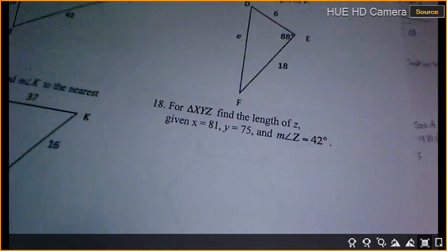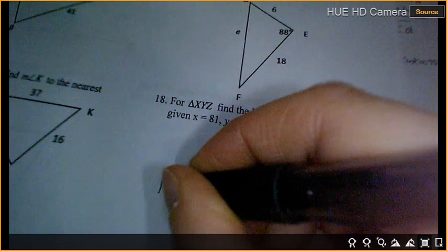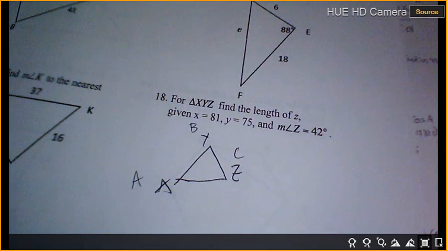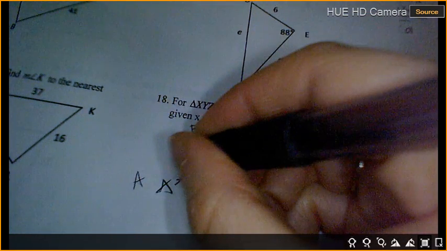Okay. So I've got triangle X, Y, Z. And again, if that confuses you, you can change it to A, B, C. Find the length of z. So we're looking right here, or little c.